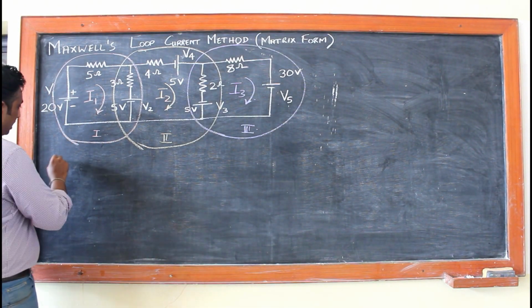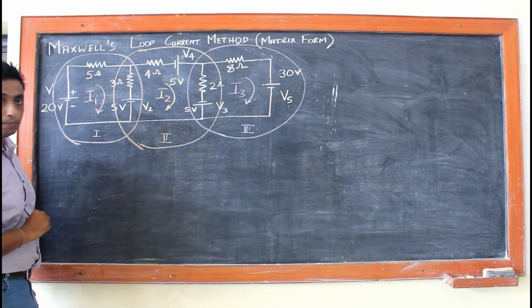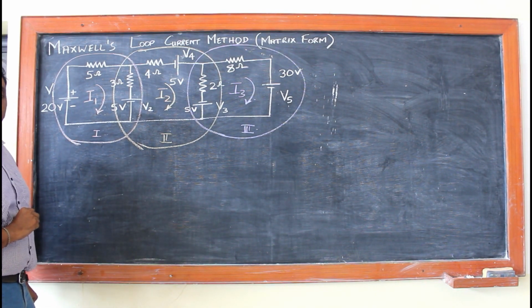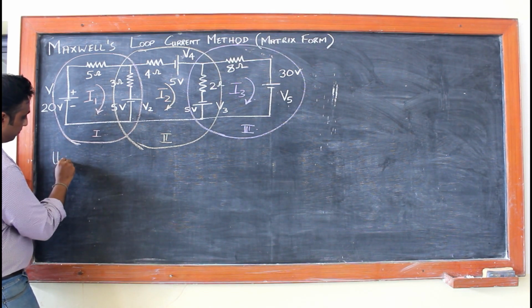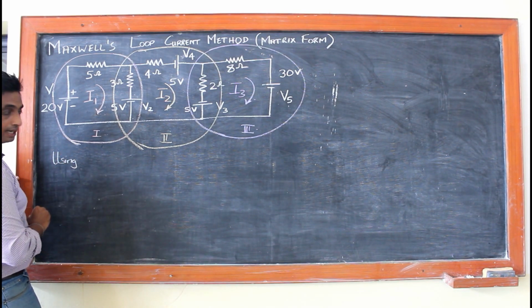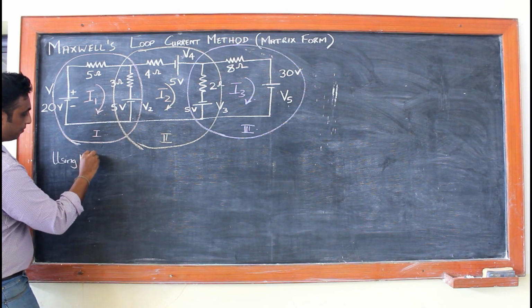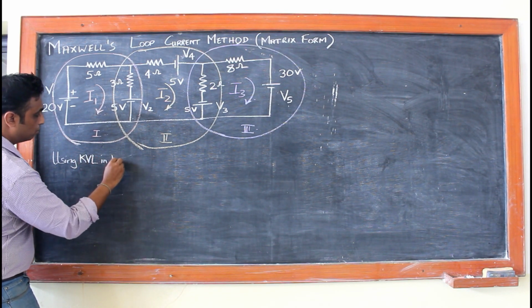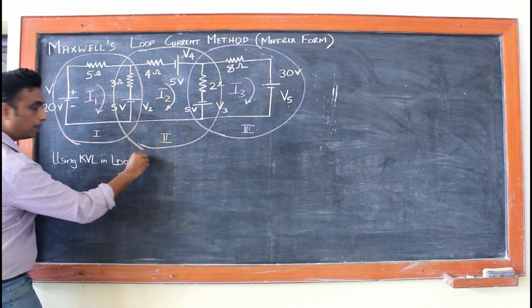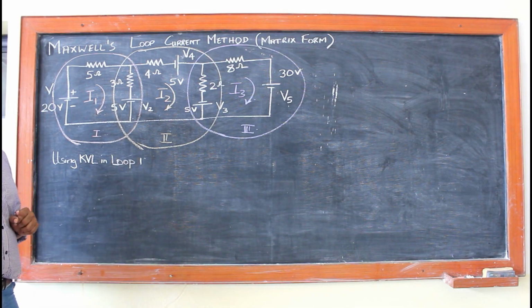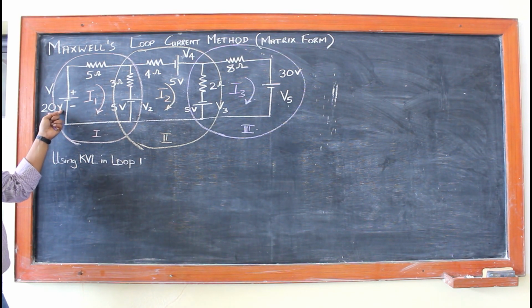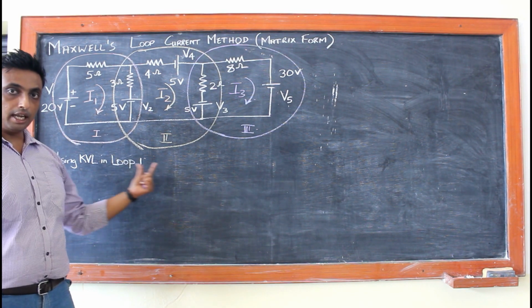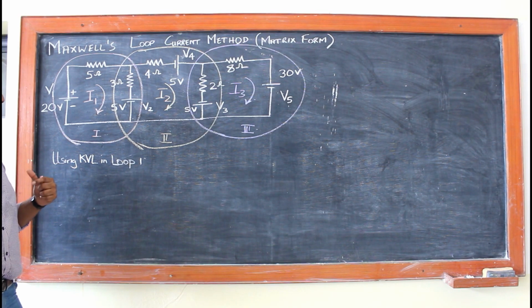Solving for loop 1, using KVL in loop 1. The first thing, as I told you, is that the number of voltage sources equals the number of voltage drops.